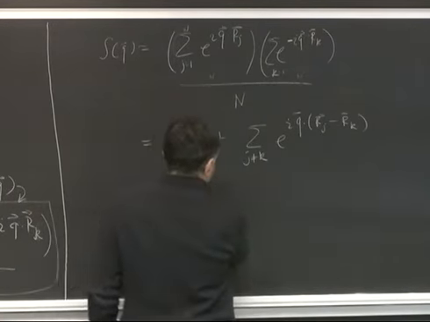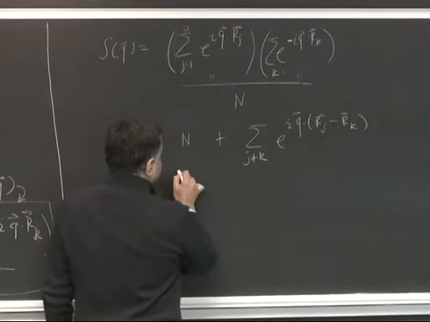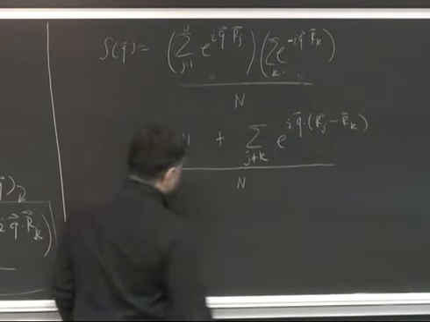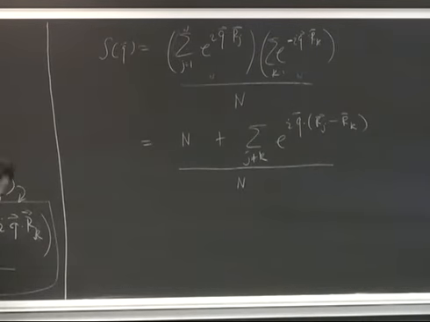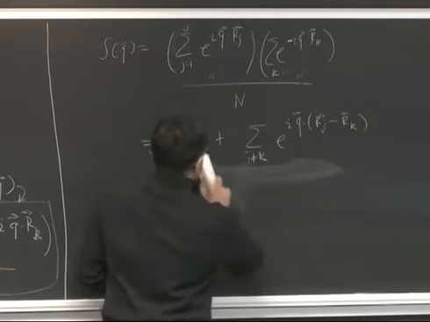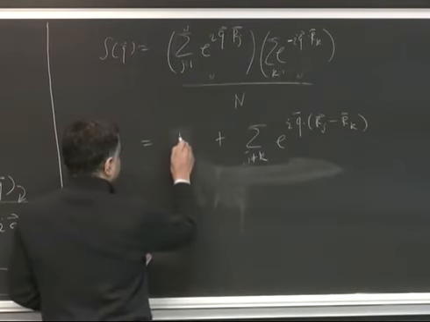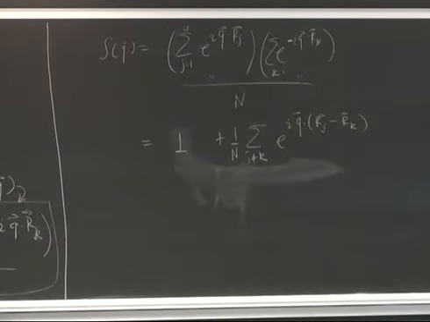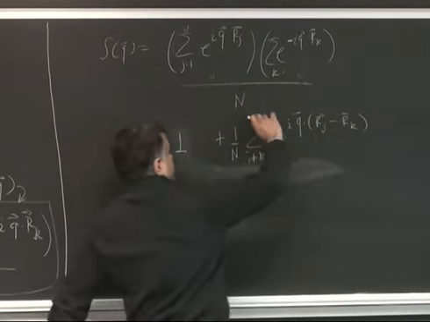Keeping track of what we have in there. And so the whole thing is now divided by big N, but now I hope you see the reason for this normalization, because this just becomes 1, plus 1 over N times the cross-term sum. And how many terms are here?